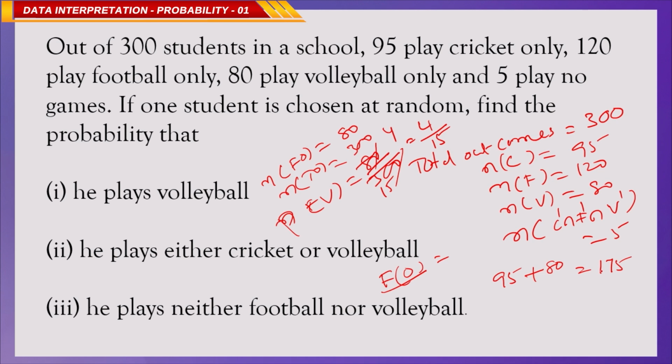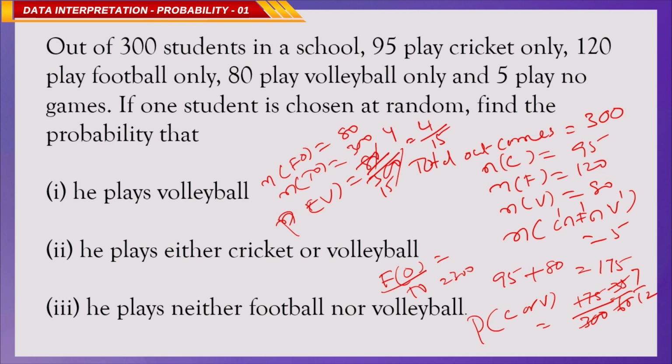So favorable outcomes is 175 and total outcomes is 300. The probability of cricket or volleyball is 175 by 300. Dividing by 5, we get 35 by 60, and dividing by 5 again, the answer is 7 by 12.